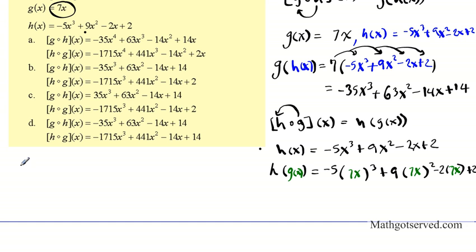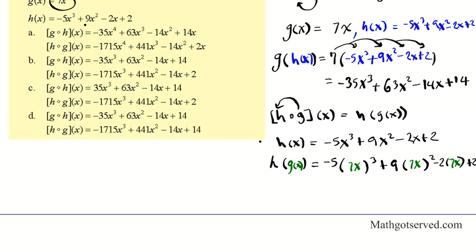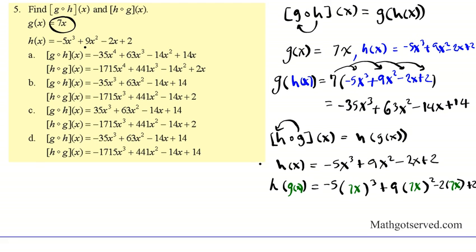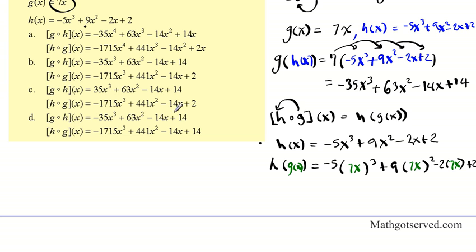Simplify that. We're going to have negative 5 times 7 to the third. Well, let's set it up so you can see what I'm doing.